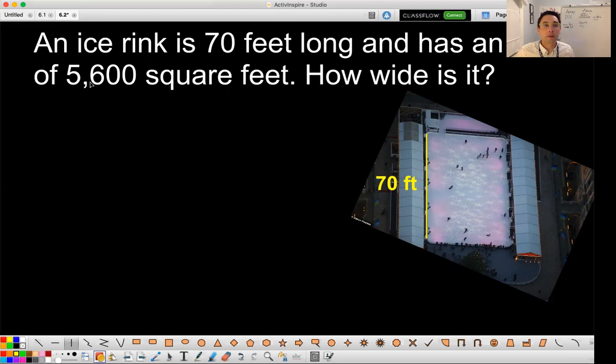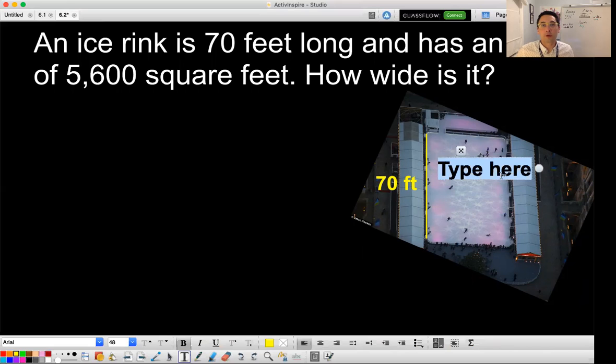Now, the other part that we know is that the area is 5,600 square feet. What that means is if we did x's in the middle here, the total number of x's will be 5,600.